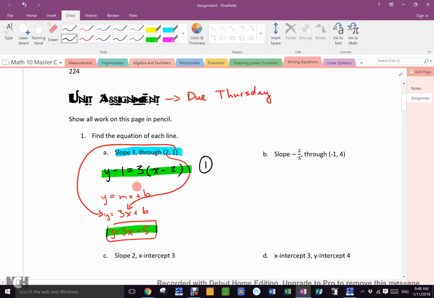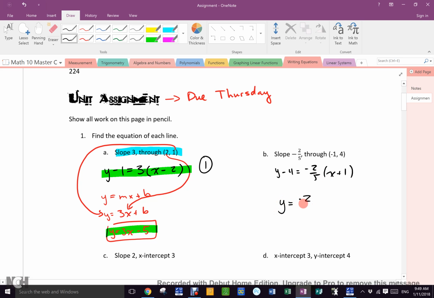Now, if I continue to do both of them for each one, will that please everybody that did their work? Yeah? Okay. So this one is y minus 4 equals negative 2/5 x plus 1, right? Or you have negative 2/5 plus 4 is 3 3/5.